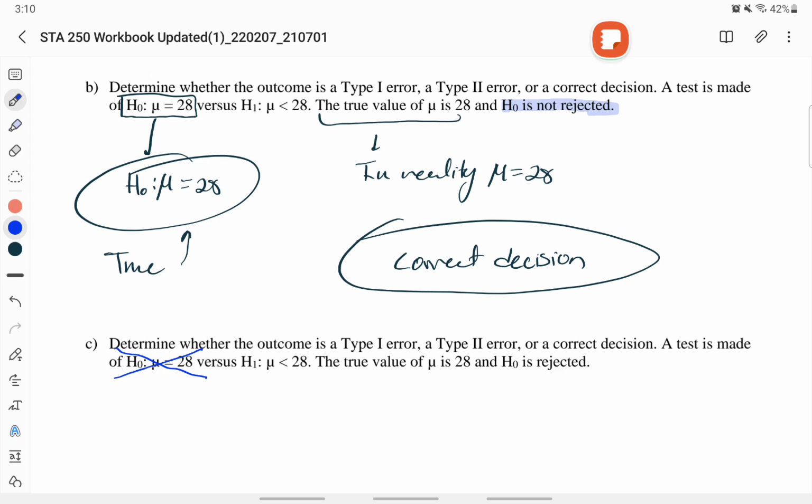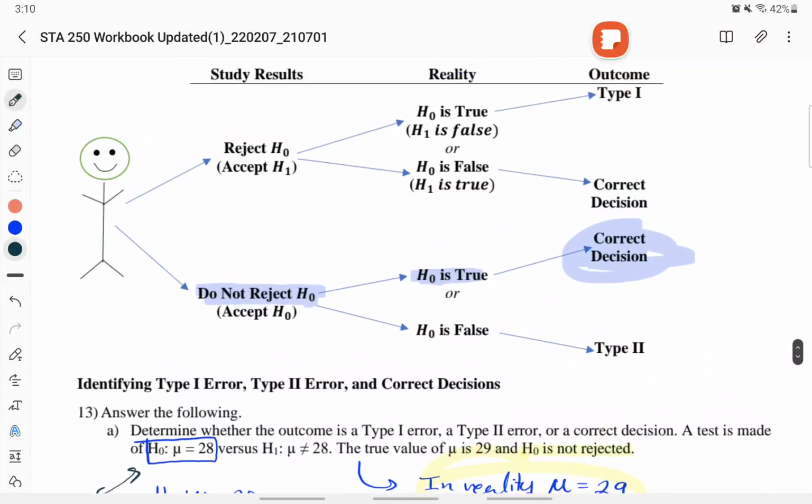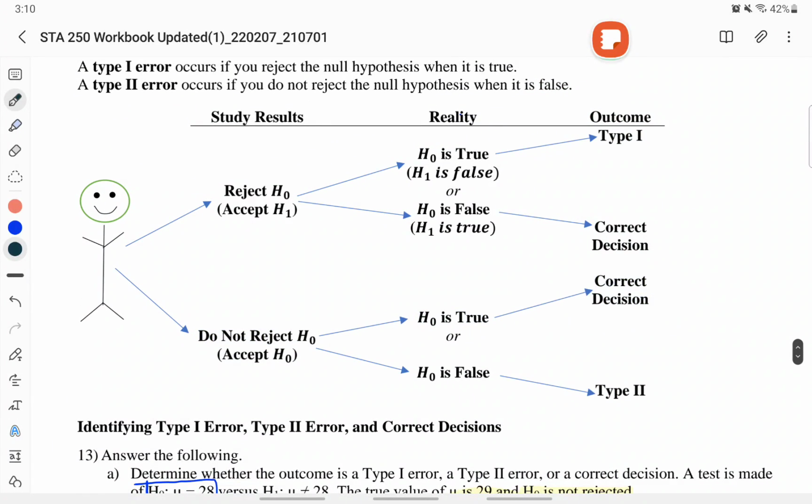Because I rejected my null, I am taking the alternative. I am taking the fact that mu is less than 28. So let's go back up here. We rejected the null. So it is either a type 1 error or a correct decision.